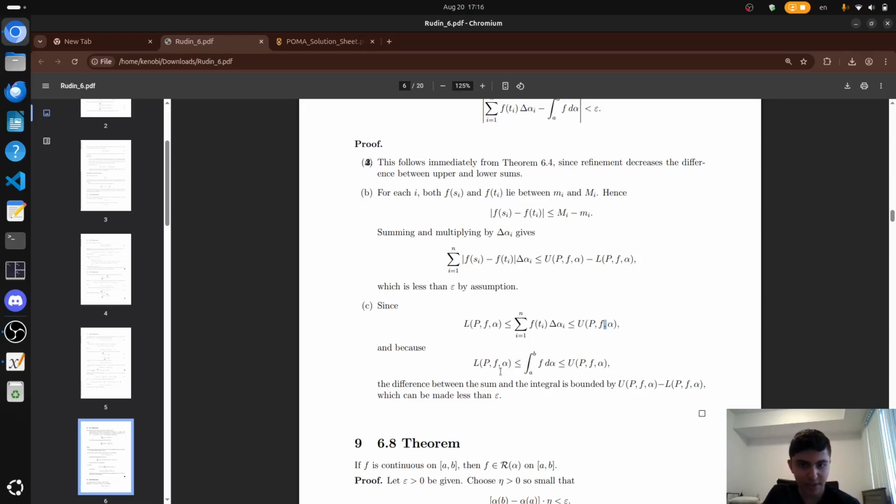And we know that LPF alpha is less than or equal to the integral from a to b of f d alpha, which is less than or equal to UPF alpha. That's because this is the supremum of this, and this is the infimum of this, right? So you have this inequality over here.